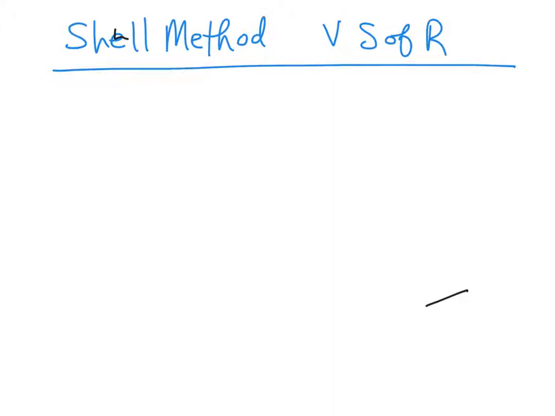And here's what it says. If you have a horizontal axis of revolution, and here's the major difference between it and the disk and washer method, then we're going to work in terms of y.